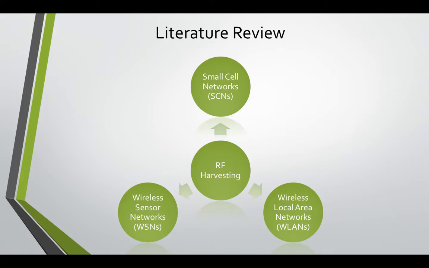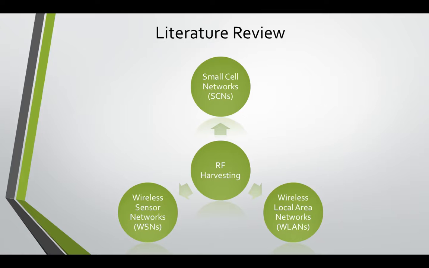Small cell networks are the key feature of fifth generation networks. RF harvesting is applied to power base stations so that it reduces power consumption even when the network is densely deployed.